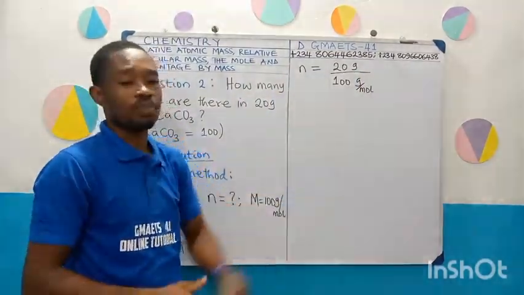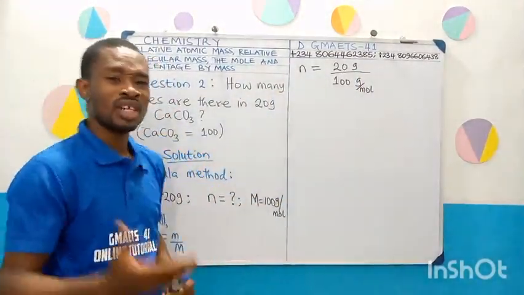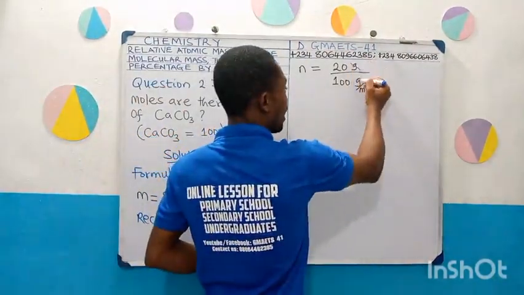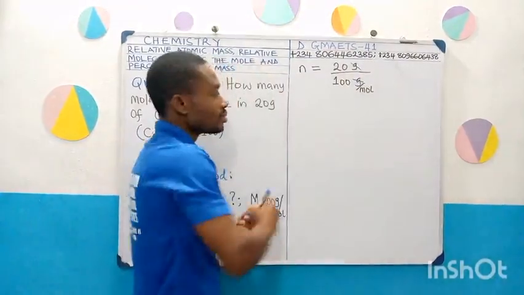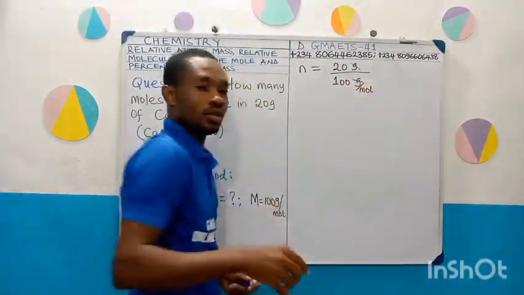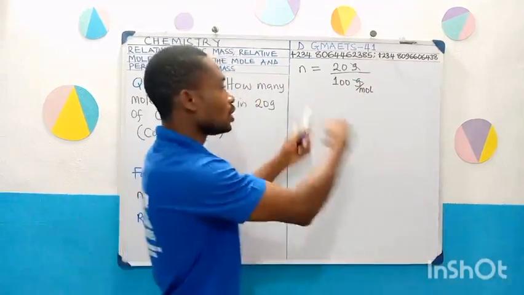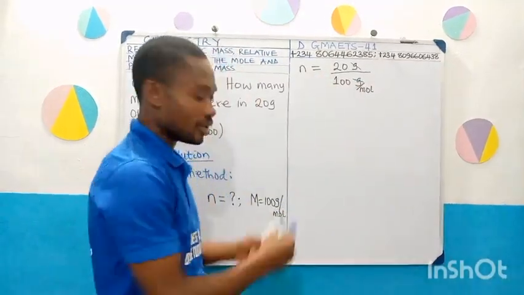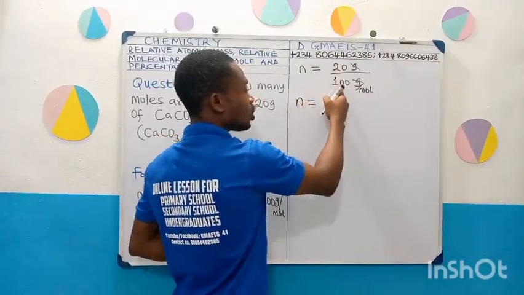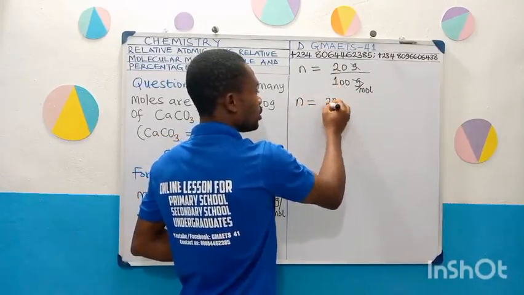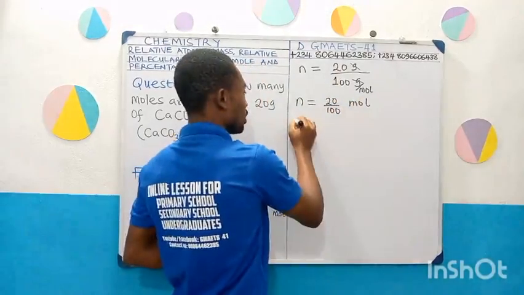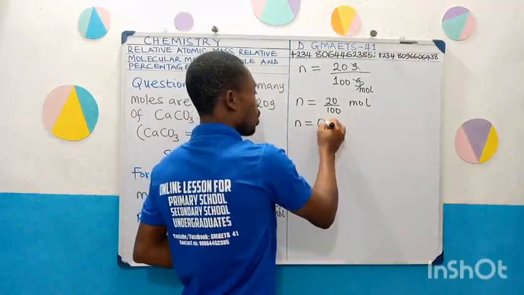When I am done solving, I'll put back the correct unit for mole. The unit of mole is mol, you know that. From here, this gram and this gram will cancel out. This thing you are seeing here now is 100 over mole. Mathematically, that mole will go up. So the number of moles n will now be 20 over 100, 20 divided by 100 mol. So what's the answer? n is equal to 0.2.